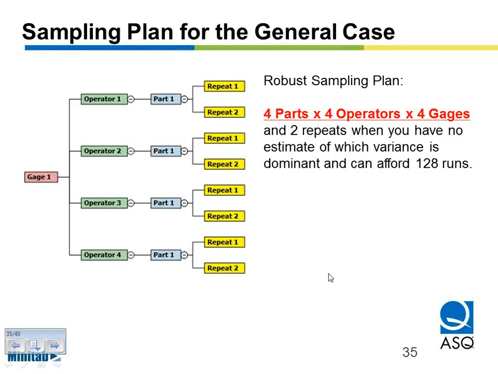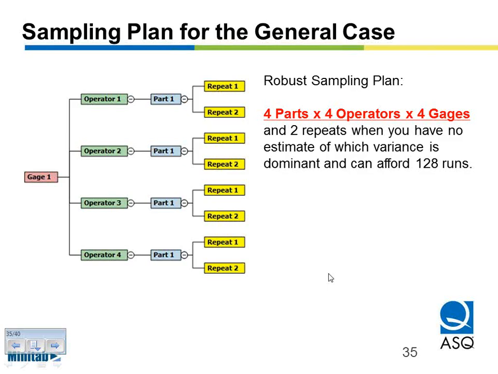So the most robust sampling plan that we can recommend would say that you don't know which one is the greater source of variation. Therefore, you'll go ahead and split the difference. You'll use 4 parts, 4 operators, and 4 gauges. Then when you repeat those 64 combinations twice, your total study will be 128 runs.